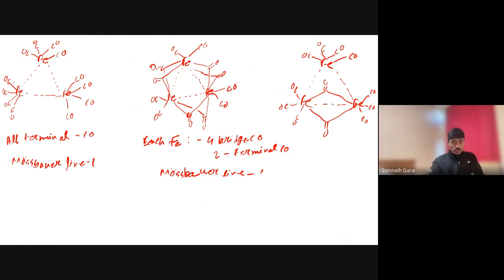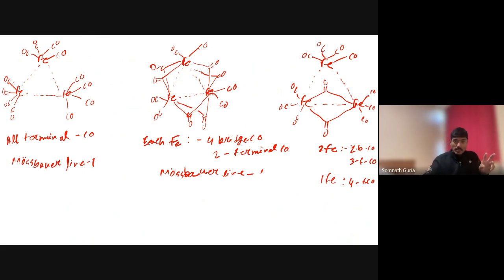Here, in this case, we'll get 2 Fe, 4 bridge CO, 2 bridge CO, 2 bridge CO and 3 terminal CO, and 1 Fe contains 4 terminal CO. Okay, so there are two different distinct iron centers present.